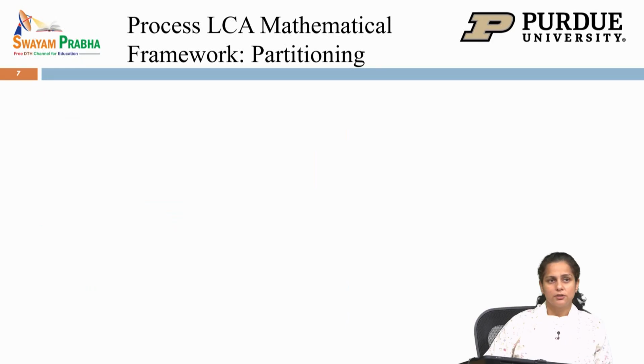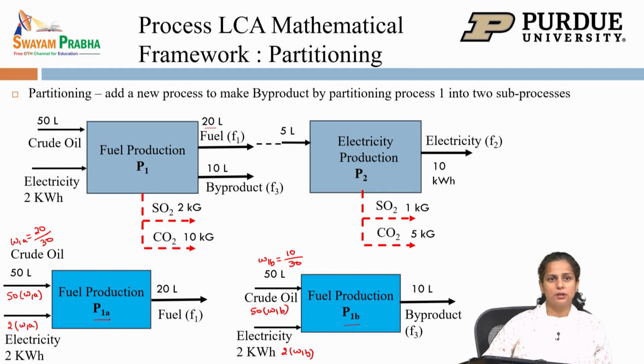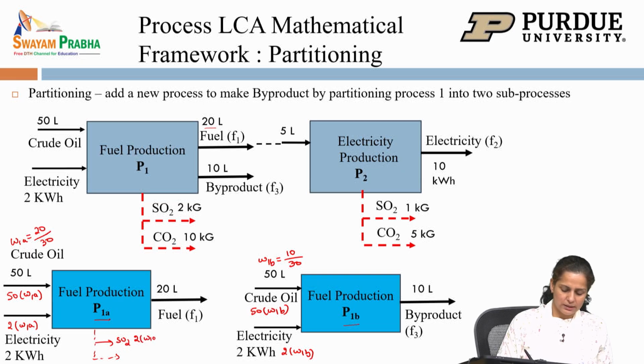Now, a similar thing we can do for the emissions as well. I have not shown it, but we can also say that your SO2 will be 2 times W1A and your CO2 will be 10 times W1A, and here for the emissions, your SO2 will be 1 times W1B and CO2 will be 5 times W1B.